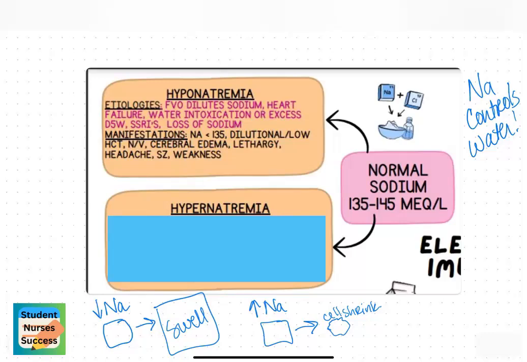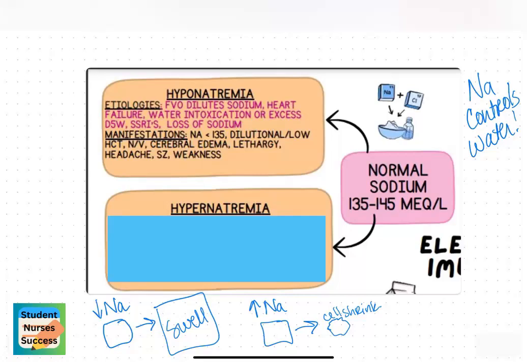We also know water intoxication or excessive D5W infusions will also cause hyponatremia. When you infuse D5W, the dextrose is metabolized off, and so what you're left with is infusing almost like pure water. We know SSRIs are also a cause of hyponatremia, and if you just have a loss of sodium.